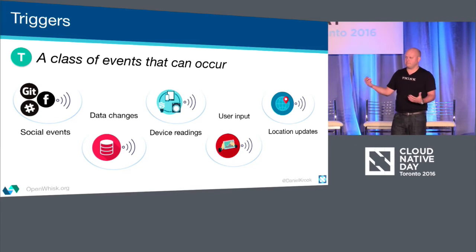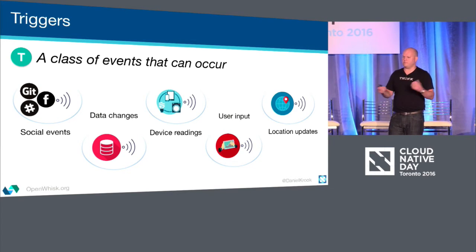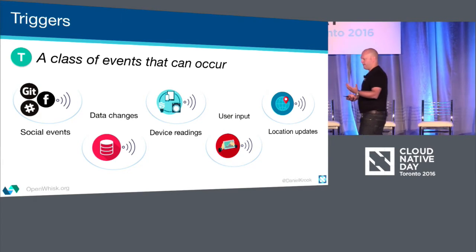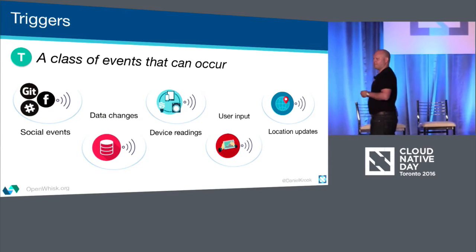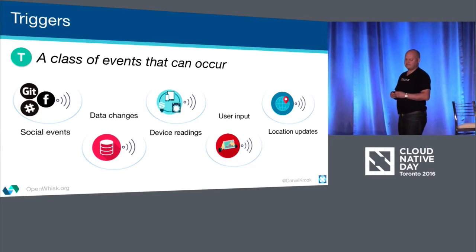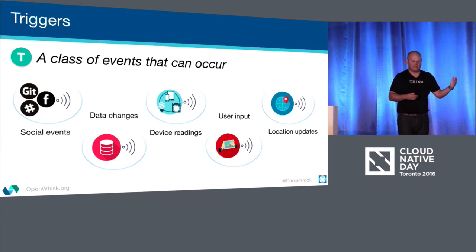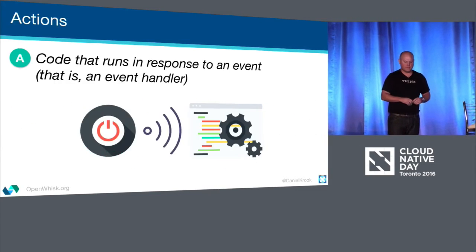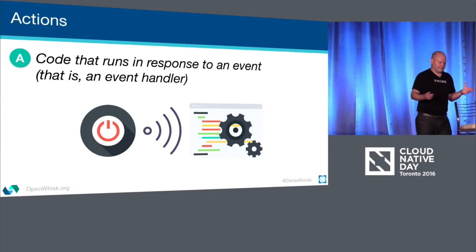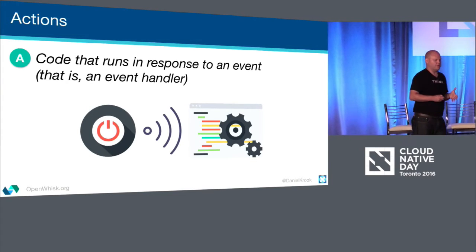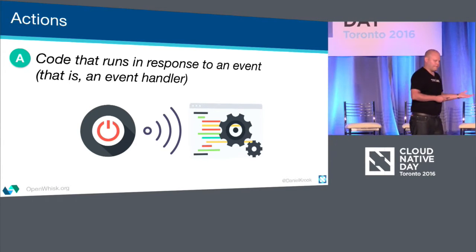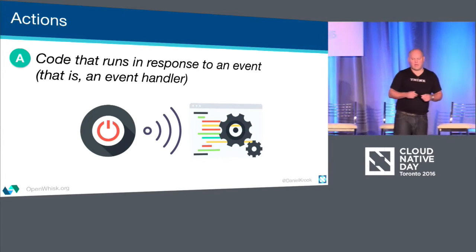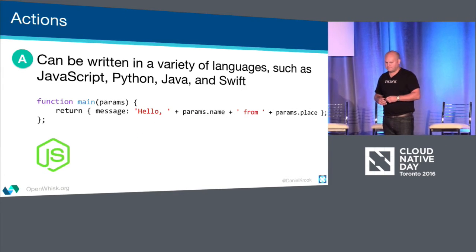And as things are tracked or users go through virtual reality, I don't want to be the guy that says Pokemon Go like everybody else, but you take an application like that where there's triggered events that can also be used. And the developer focuses on the action, what you want to do based on the data that comes from those events. So you're writing an event handler in response to those triggers.